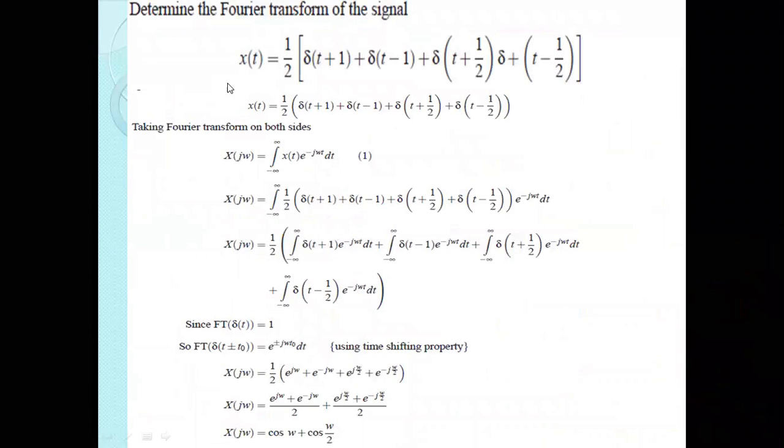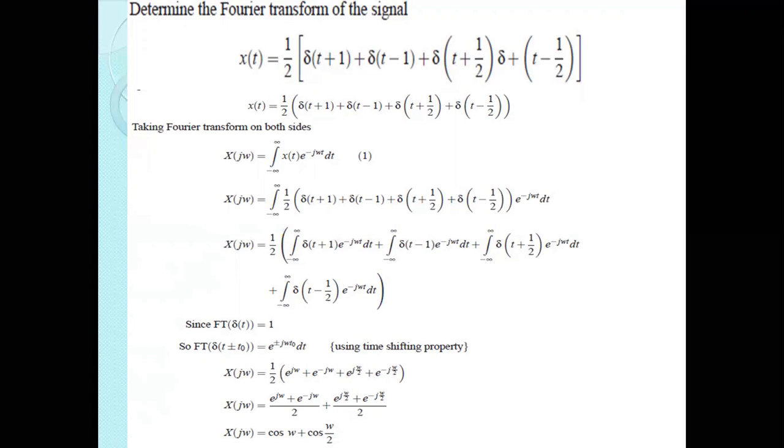Now determine the Fourier transformation of this given function: impulses, delta of t plus 1, plus delta of t minus 1, delta of t plus 1 by 2, and delta of t minus 1 by 2. So the Fourier transformation of x of t: the delta function's value is 1 only.